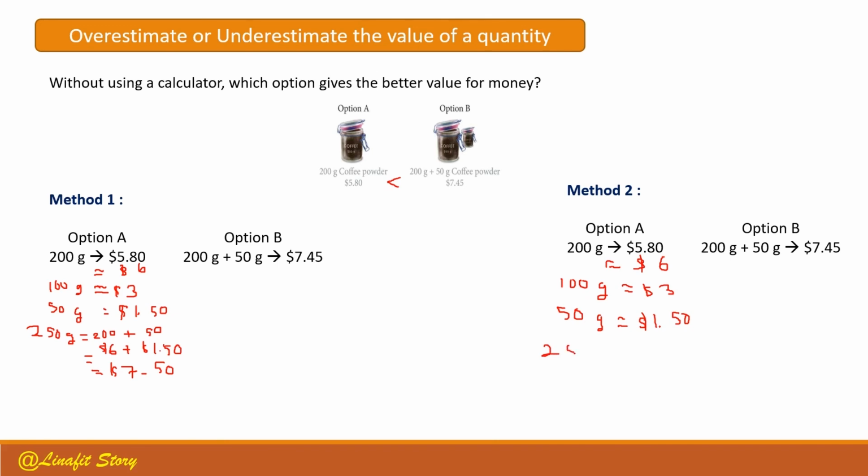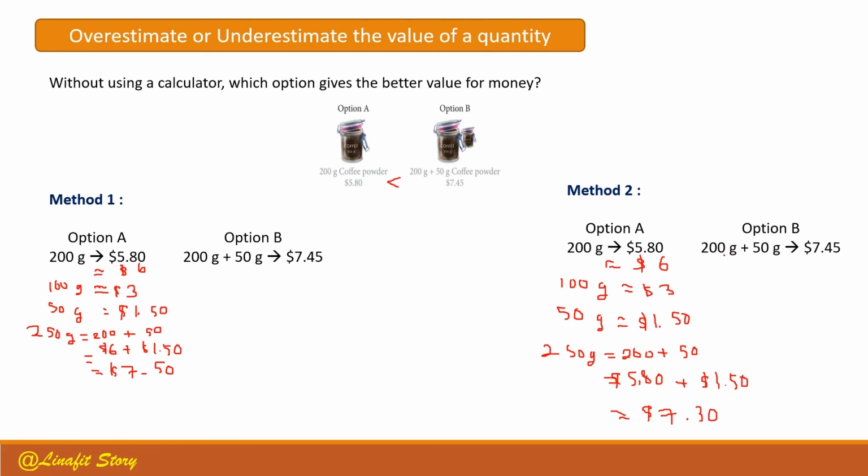So 250 grams, 200 grams plus 50 grams, is $5.80 plus $1.50. So it is about $7.30.